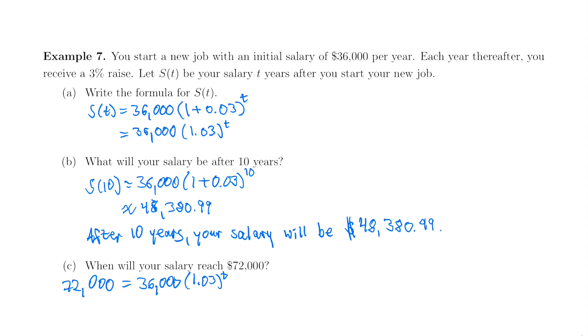That's what we would like to find out. The first step we can do: we want to isolate t, and therefore we divide by 36,000 on both sides, and we get as a result 2 equals 1.03 to the t's power. Now here's the thing, we actually don't know yet how to get to the t.